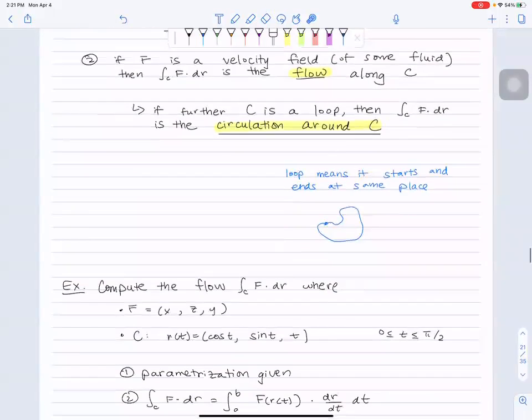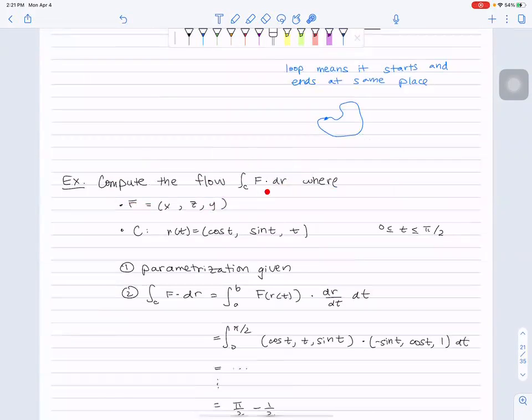So if you wanted to compute the flow where your function is given by this, and this is your curve, well, first we always do the parameterization. The parameterization they gave us. Second, we follow the formula. Here we're dealing with vectors, so we follow the vector form definition.